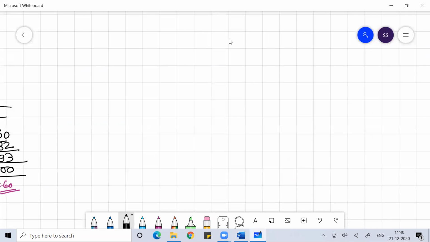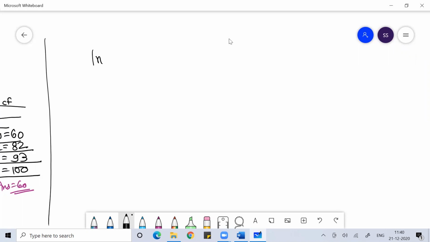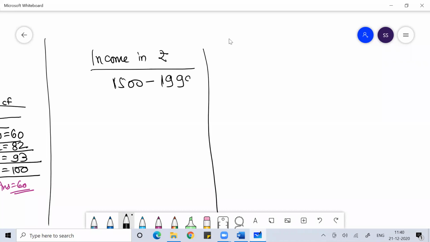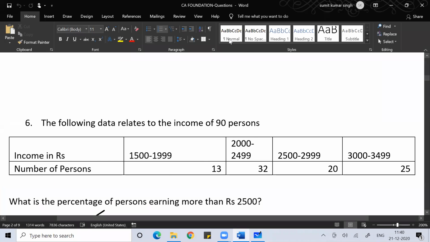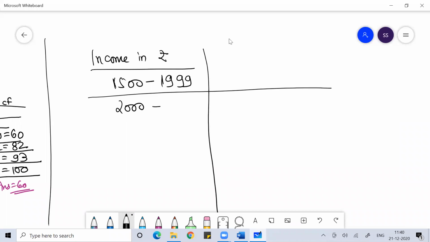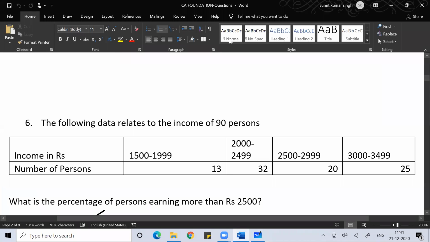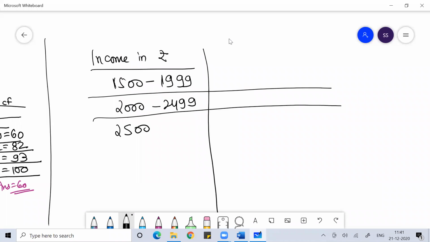Income classes: 1500 to 1999, then 2000 to 2499, then 2500 to 2999, then 3000 to 3499.